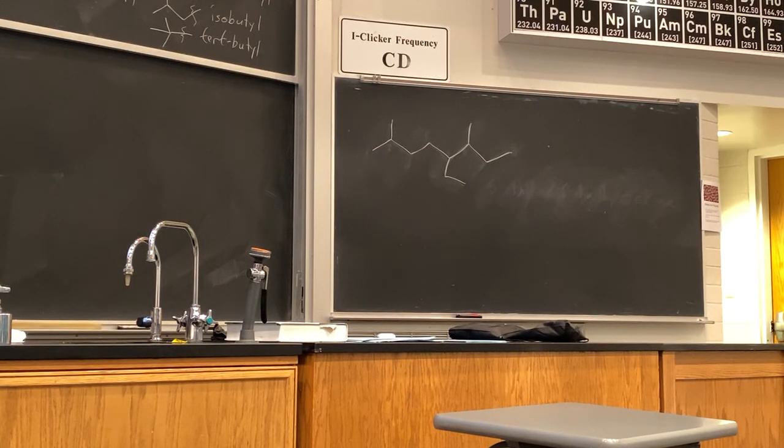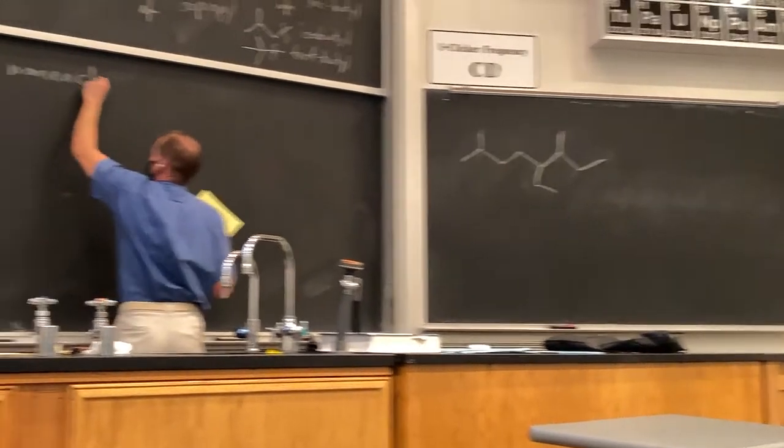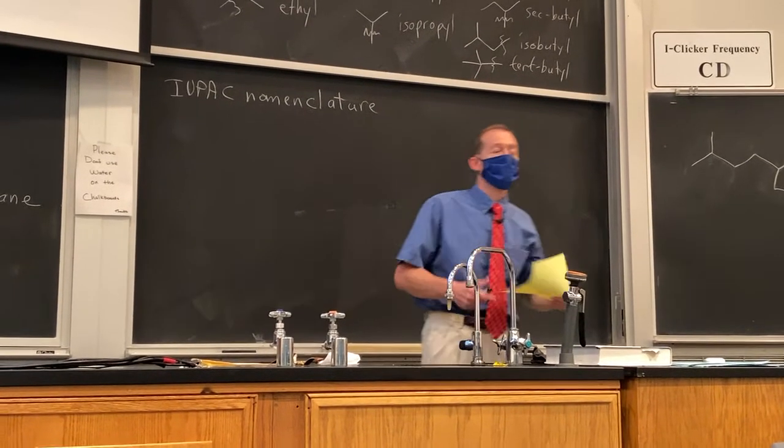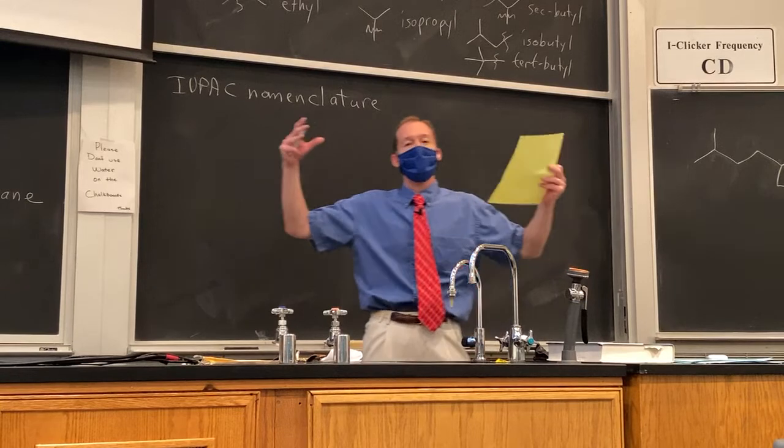And this is known as IUPAC nomenclature, by the way. Okay? So IUPAC nomenclature is a systematic way of naming organic compounds. IUPAC is the International Union of Pure and Applied Chemistry. It's the worldwide governing body of chemistry.